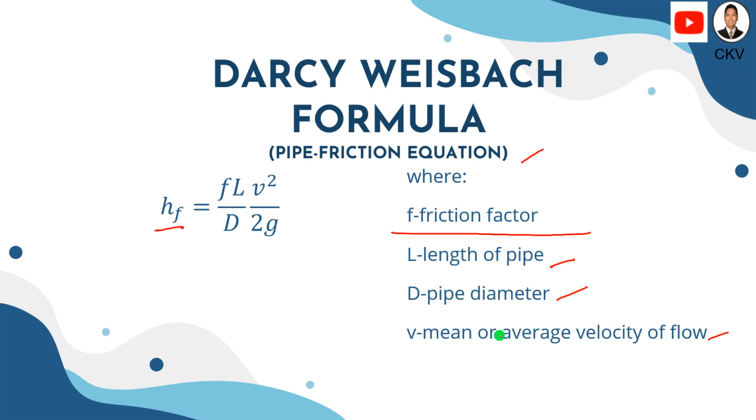So we can also express this head loss in terms of flow rate. So if there is a given problem where the flow rate is given, we can directly solve it using the discharge itself and not converting it to the average velocity.